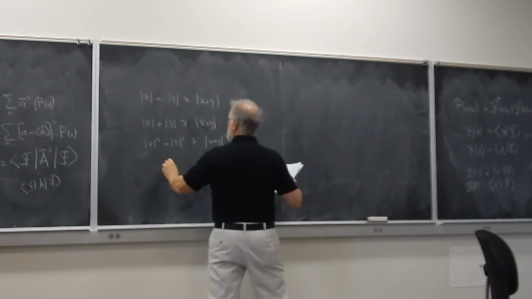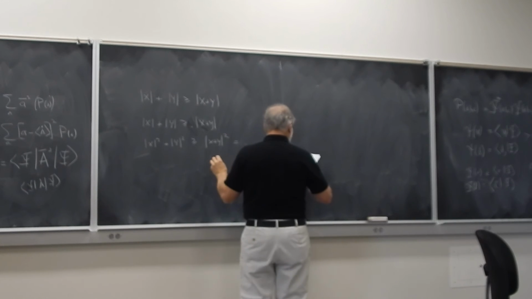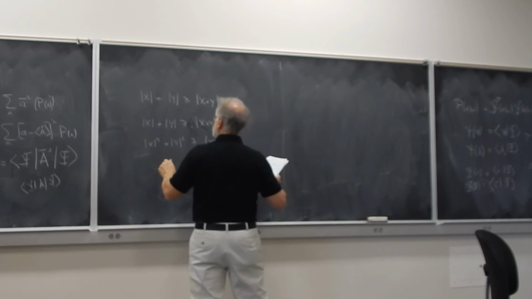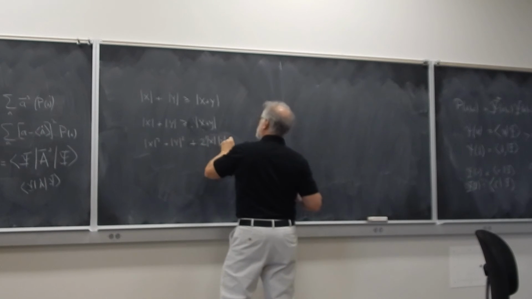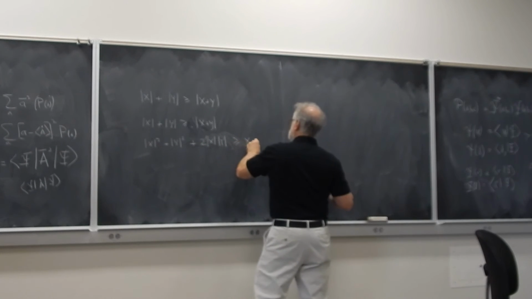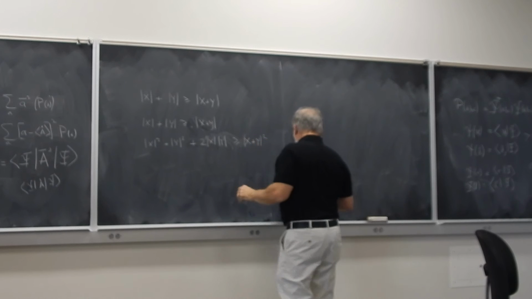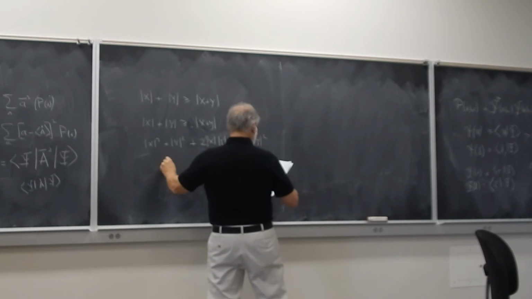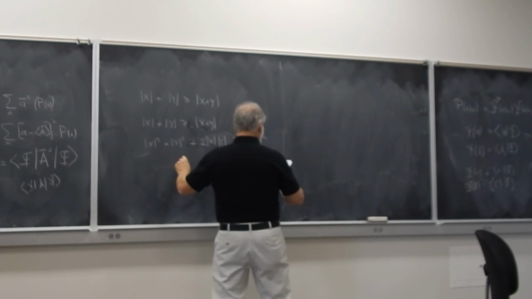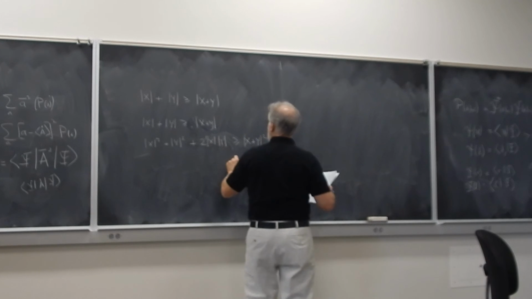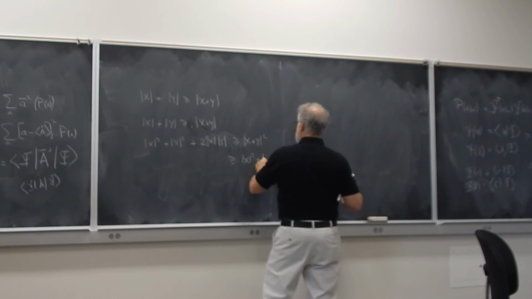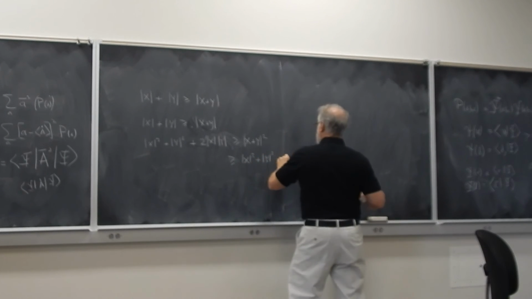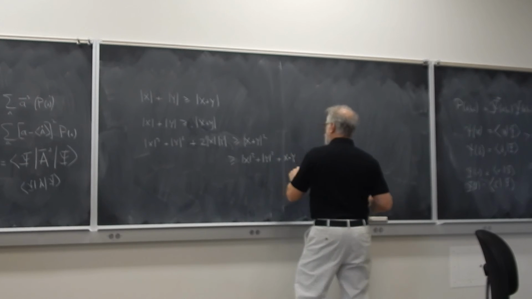So this is telling me that, sorry, x squared plus 2xy must be greater than or equal to x plus y quantity squared. This tells me that on the right-hand side, this becomes x squared plus y squared plus x dot y.